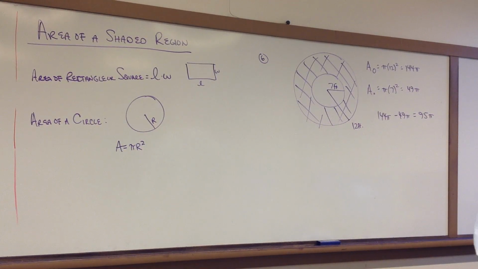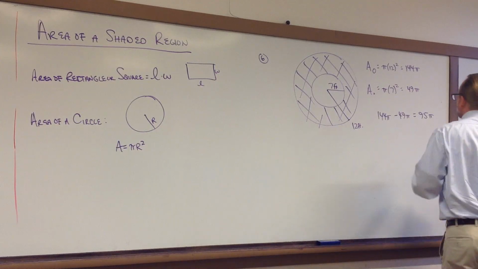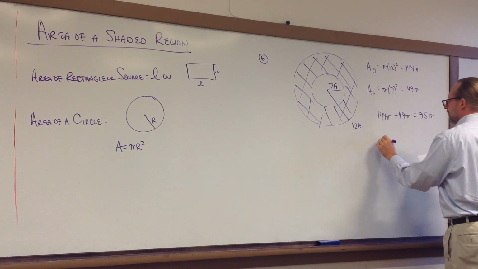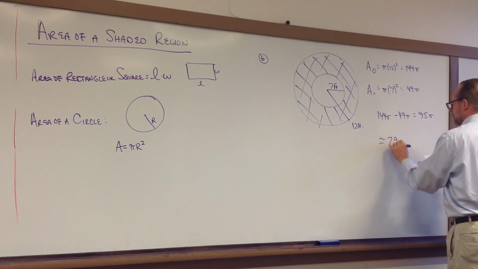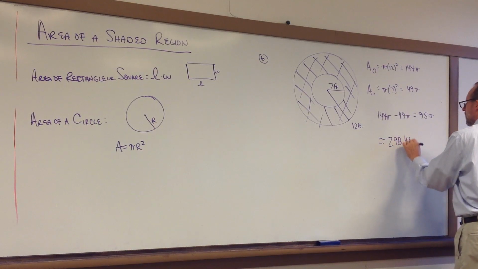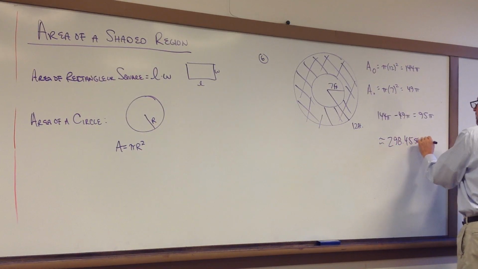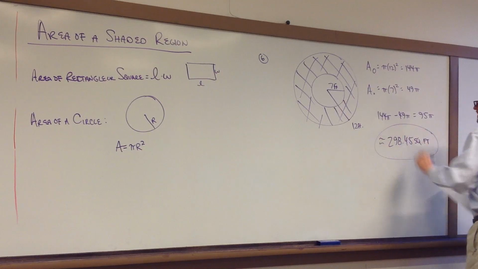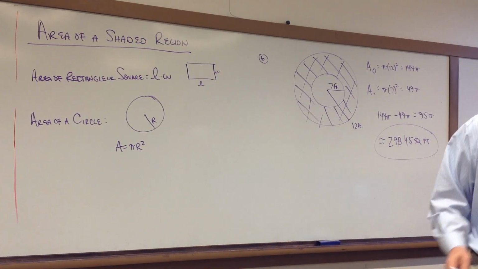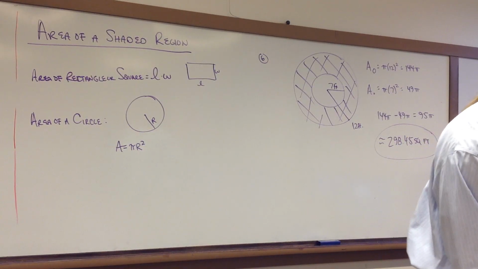And then if we approximate this, if you do 95 times 3.14, we should get about 298.45 square feet. And that gives us a good idea of how much area there is there.